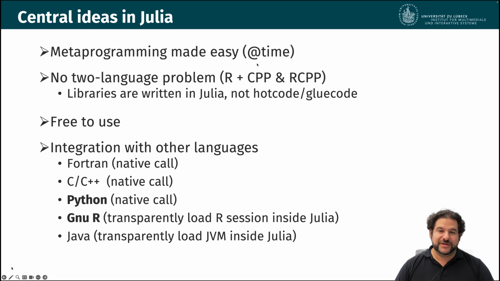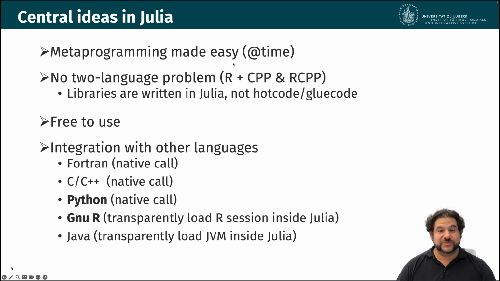And the @time macro measures how much time a function call requires, and it does this by adding code to the code that you're putting this in front of, and you can apply this to any type of code. So metaprogramming is really easy in Julia, and that is one of the core benefits in Julia. Another idea is that we do not have a two-language problem.